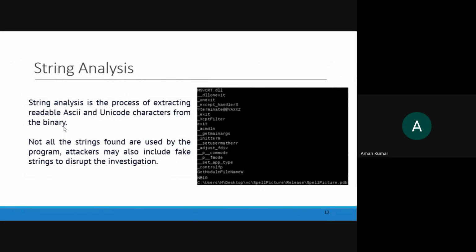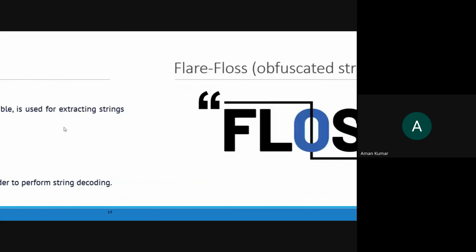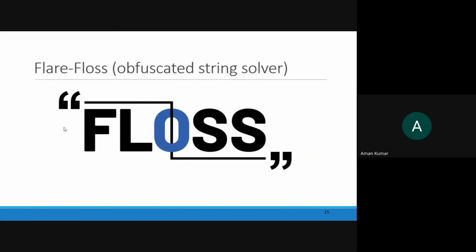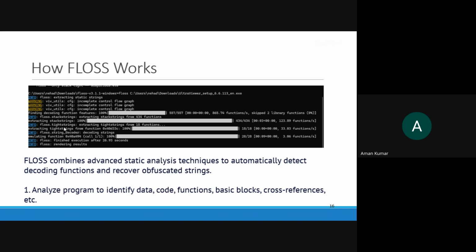Thereafter, string analysis, which was strings and FLARE FLOSS. We understood why FLOSS is much better, and what its limitation is, and why we need a machine learning model: FLOSS works on a very small file. If the file size is larger, we cannot run it on this FLOSS tool.